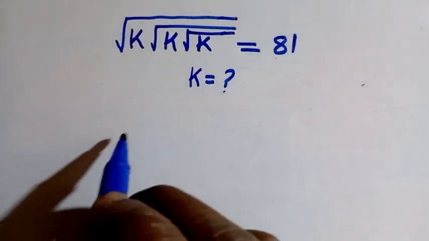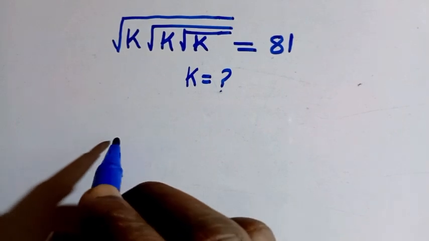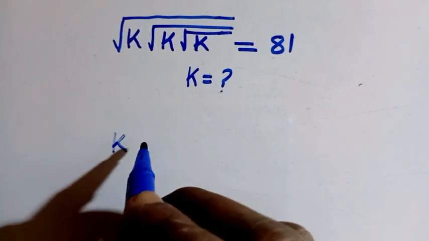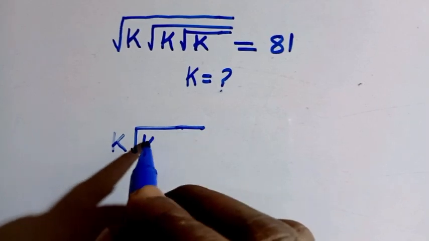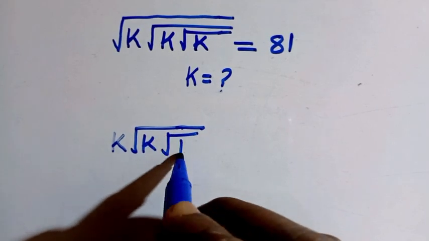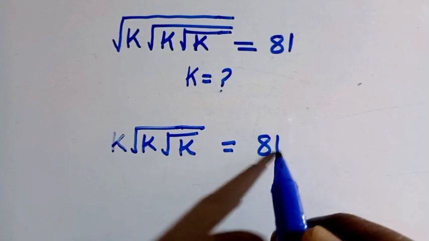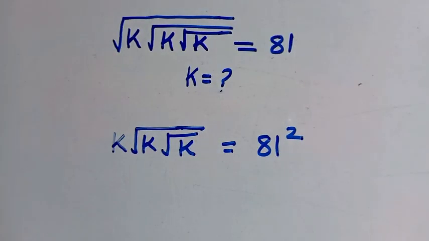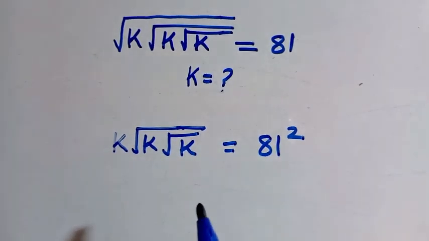For the second method, suppose we take the square of both sides. We have this as k multiplied by square root of k multiplied by square root of k equals 81 to the power of 2. So when we take the square of both sides, the first square root will cancel with this square.